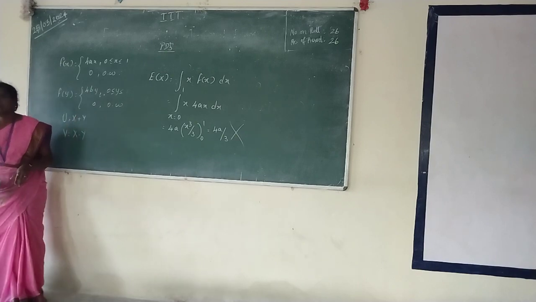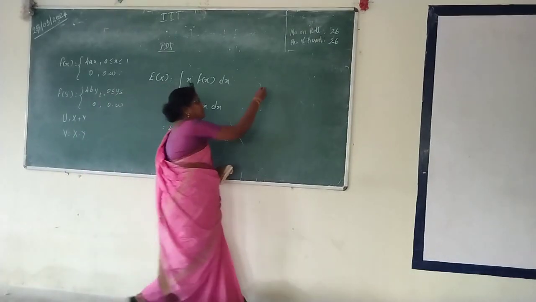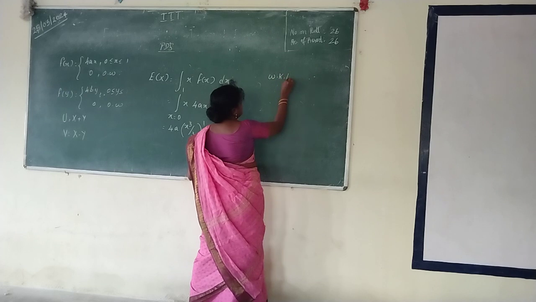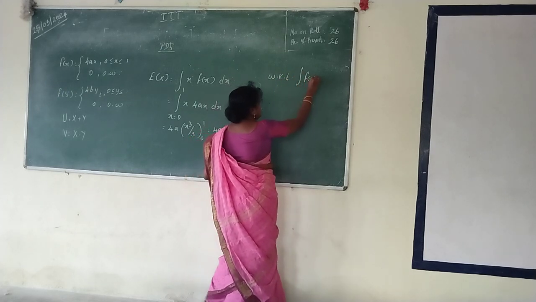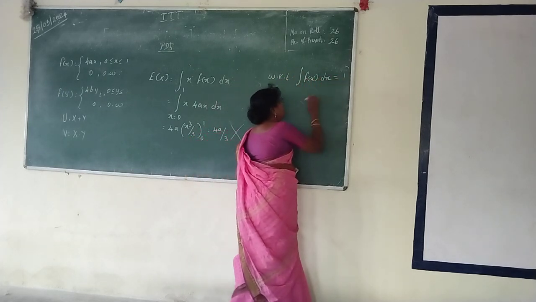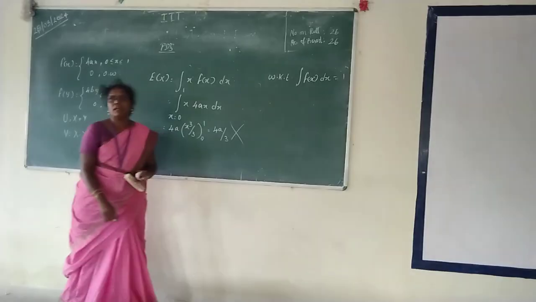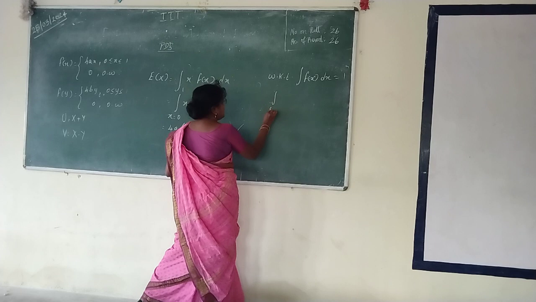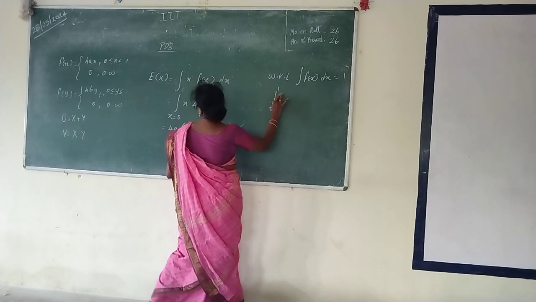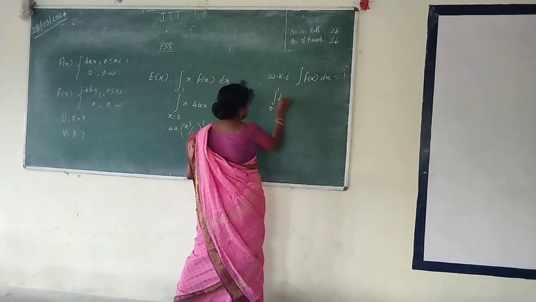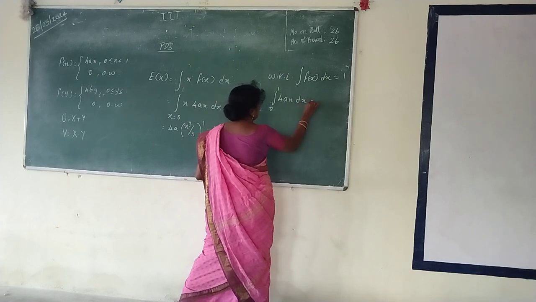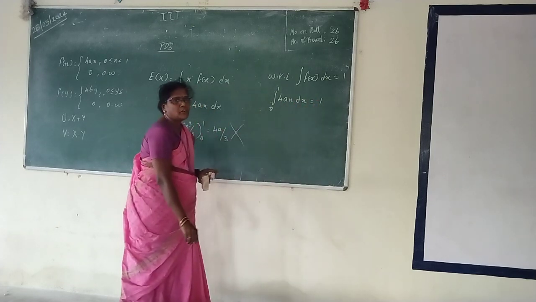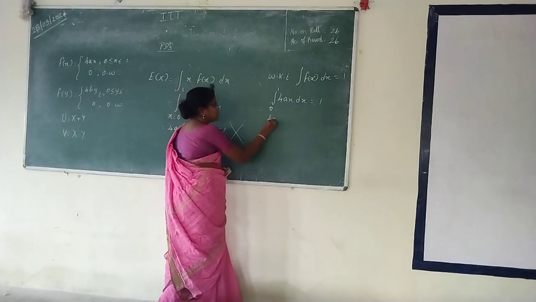So right, we know that integral of f of x dx is equal to 1. Substitute integral 0 to 1, f of x is 4ax into dx, equal to 1. 4a is a constant outside.